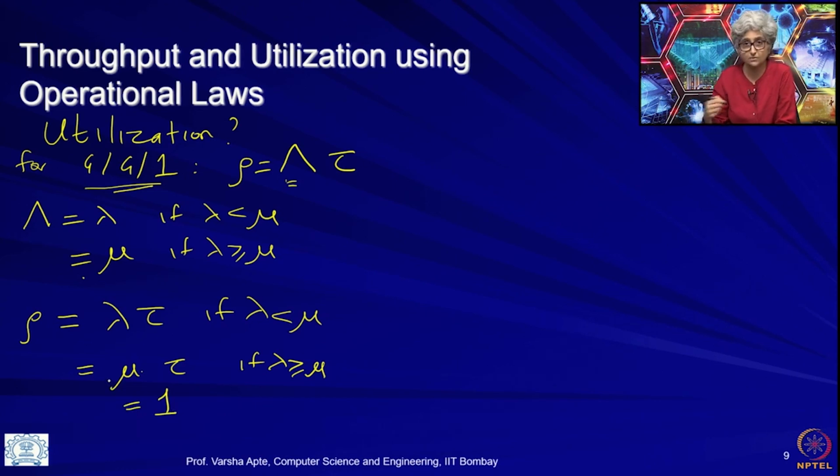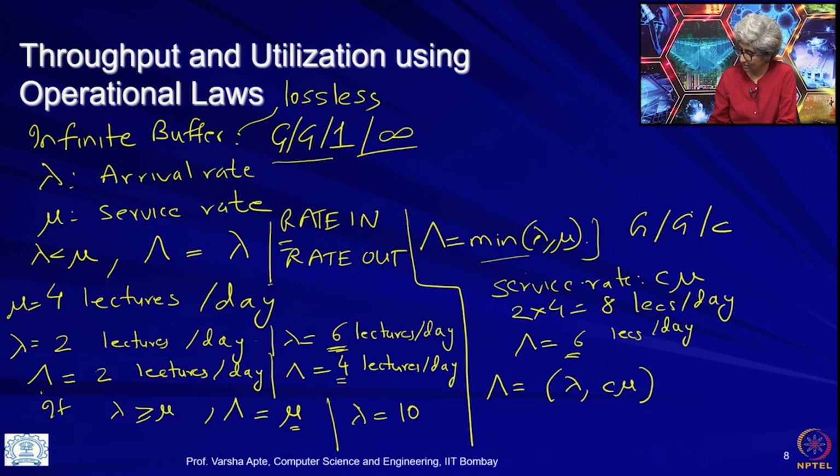If I have less work coming to me, then I am not fully busy, so this value is going to be something less than 1. If in the previous example you were getting 2 lectures per day, but you can watch 4 lectures per day, obviously you are only 50% busy, right. So, we are just making a formula out of that.